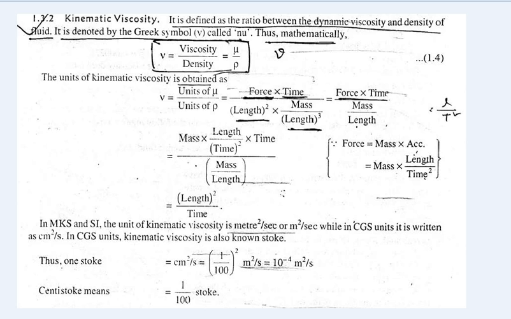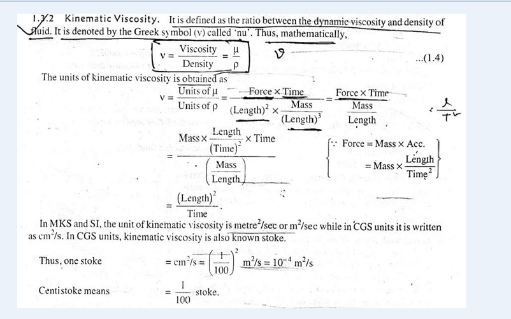Okay, so nu is equal to mu by rho. Now mu is force into time per length square, Newton second per meter square, and rho is mass by length cube.